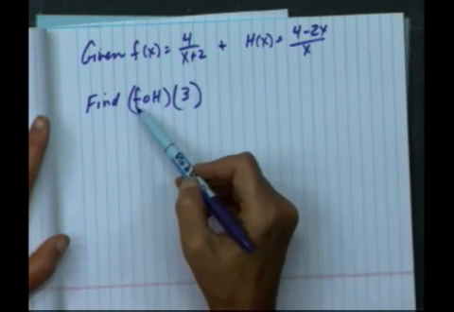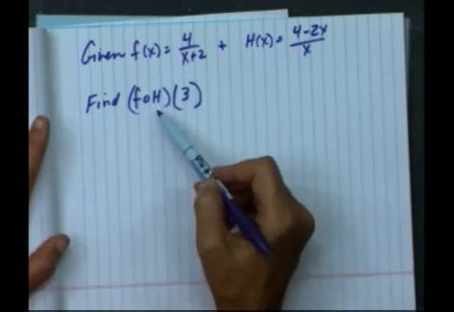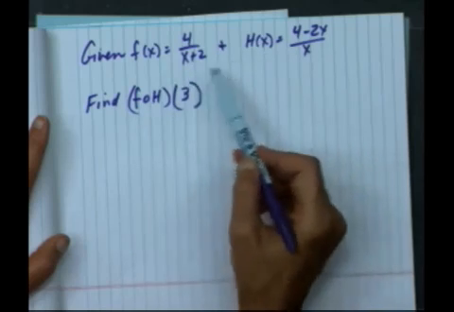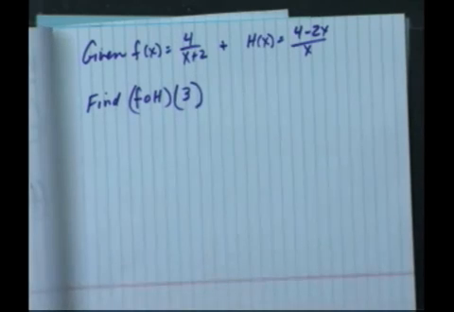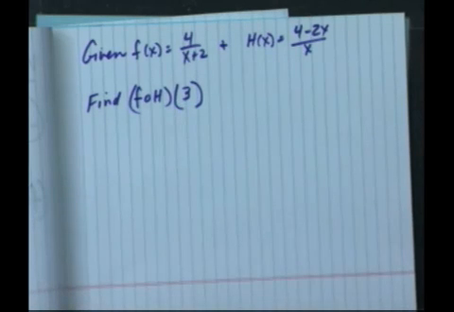When I find the composition of f and h, if f and h are inverses, this is what we just found. If I plug a 3 in, it's going to do something to it, it's going to put it in the next function, and what's going to be spit out on the other end? The 3, right? If they're inverses, whatever you start out with is what you end up with.